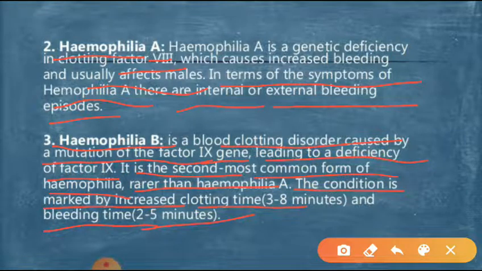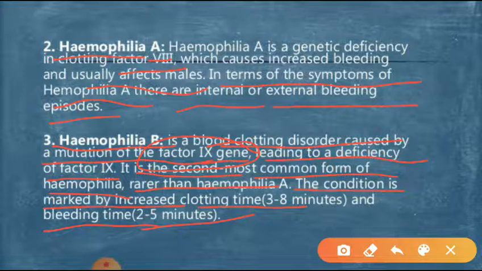Let us discuss hemophilia B. In hemophilia B, one gene present on X chromosome controls a clotting factor in our body. What is that clotting factor? Clotting factor 9. If this clotting factor is working, the blood clotting process can take place.